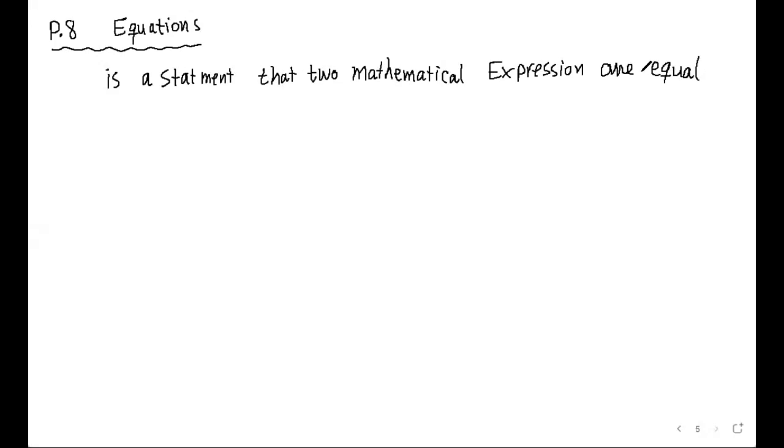So if I see something equal to something, this means an equation. For example, 3 plus 7 equals 10. This side is a mathematical expression and this side is a mathematical expression. This is the meaning of an equation.